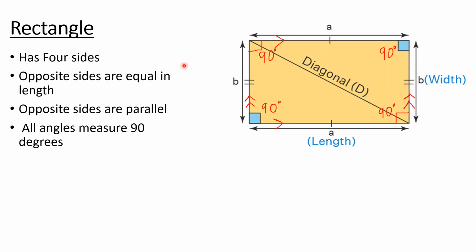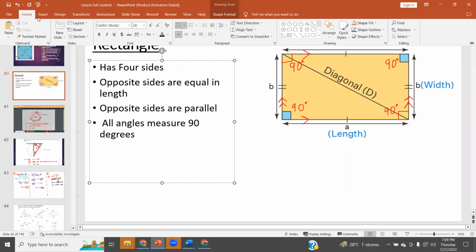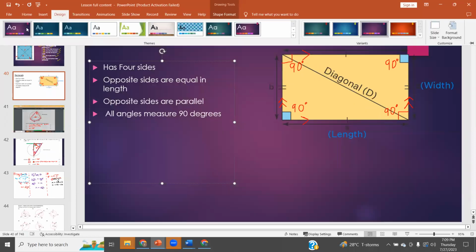All right, okay. So now we talked about two, I guess you could call them simple types of quadrilaterals, the square and the rectangle. Those are two simple ones. Let's talk about another one.